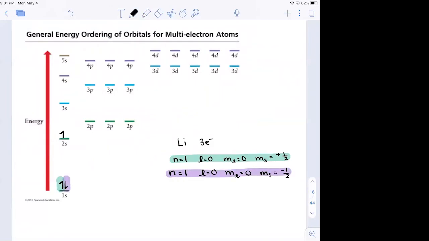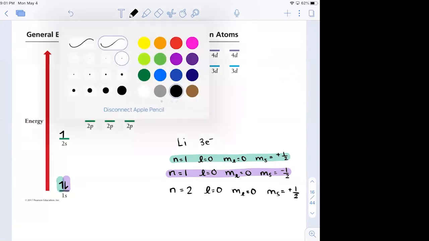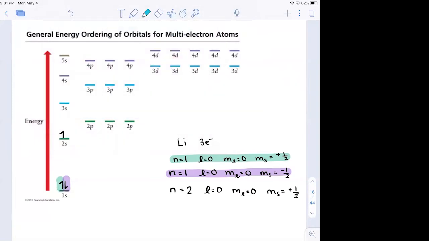Pauli exclusion principle satisfied. Those 2 electrons do not have the same 4 quantum numbers. For my last electron, n equals 2, l equals 0, ml equals 0, and ms can either equal plus 1/2 or minus 1/2. It doesn't matter. Choose one just so that you have it written down. And there's that guy. Yeah? That is how we would draw the orbital diagram and the quantum numbers for it.